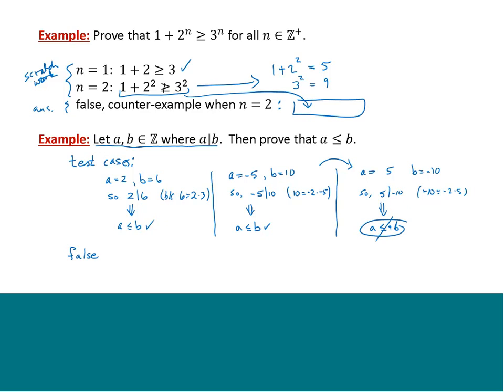Pick A equals 5, B equals -10. Then what do we get? We do get that 5 is a factor of 10, but 5 is larger than -10, which is exactly the opposite result of what we were supposed to get.